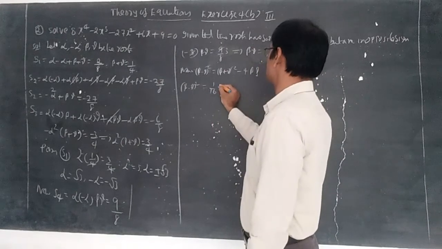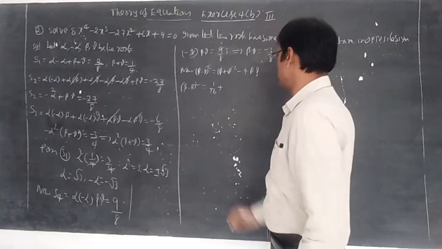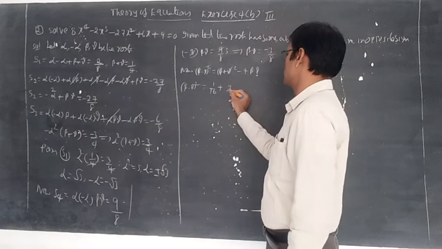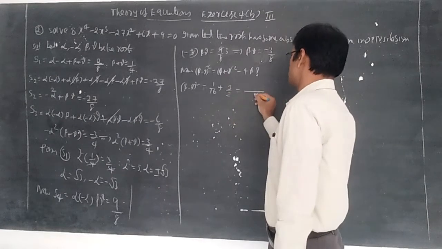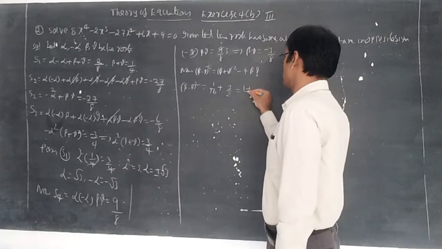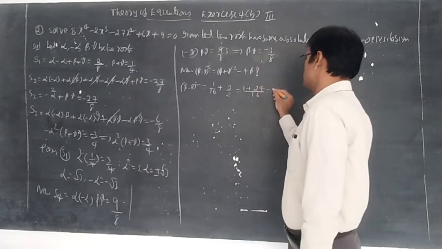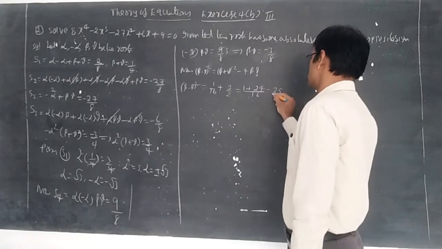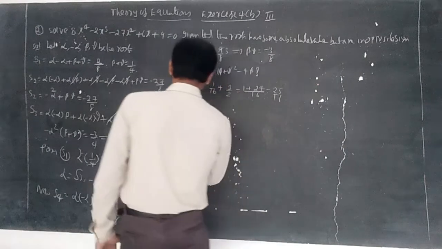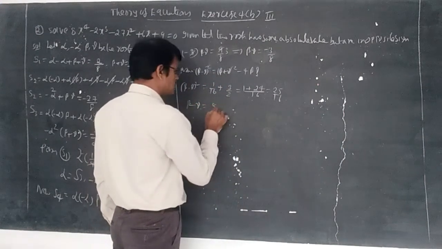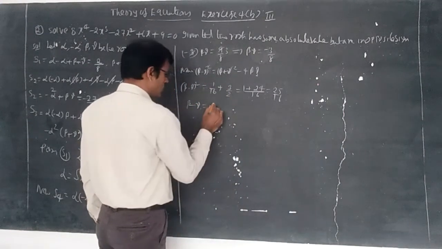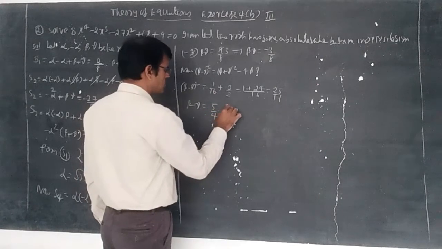Minus of minus becomes plus, 4 times 3 by 8 gives 12 by 8. So 4 gets cancelled, 3 by 2. Take an LCM, it becomes 16. So 1 plus 24 becomes 25 by 16. So you can write beta minus gamma is equal to 5 by 4.